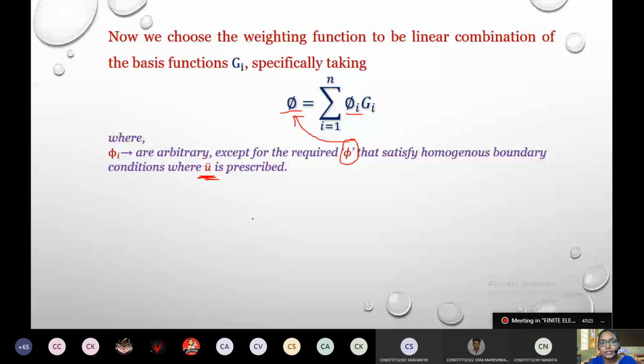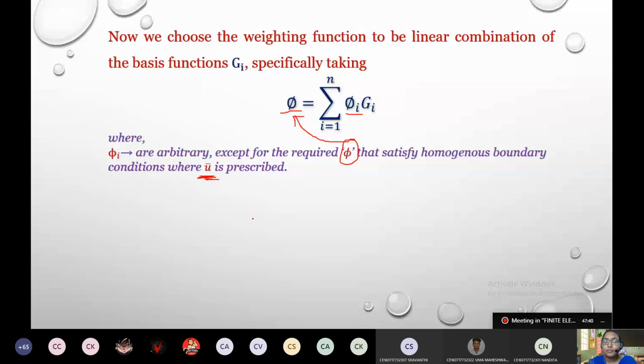So when you create the approximate solution u bar, you have to take into consideration that whatever polynomial function or equation you have taken should satisfy that when you substitute x is equal to 1, you get the u value as 2.